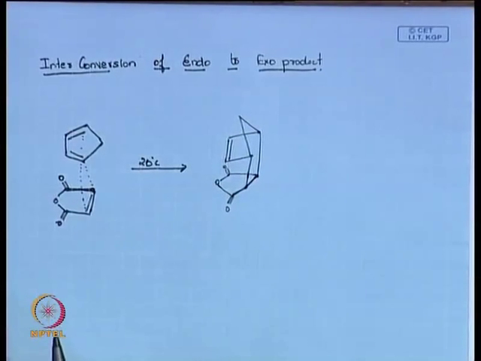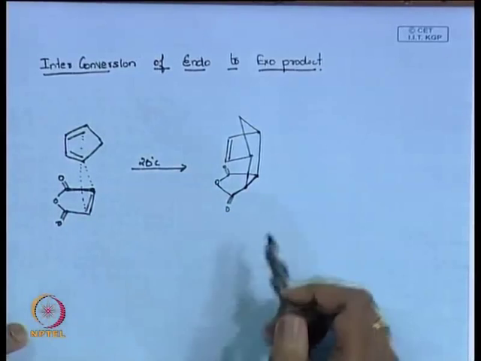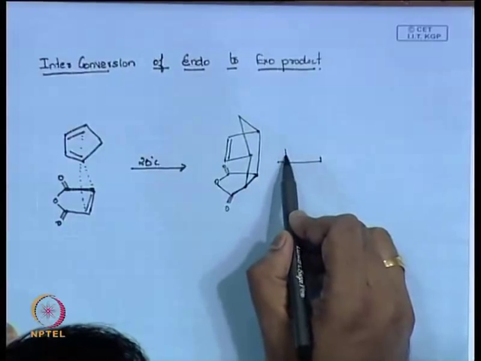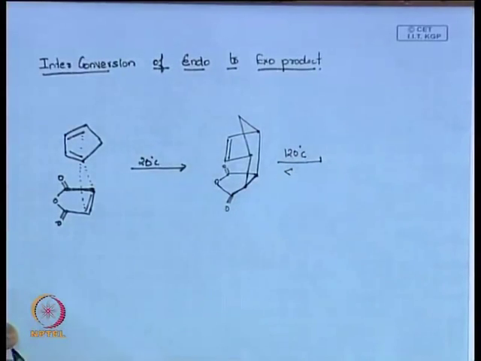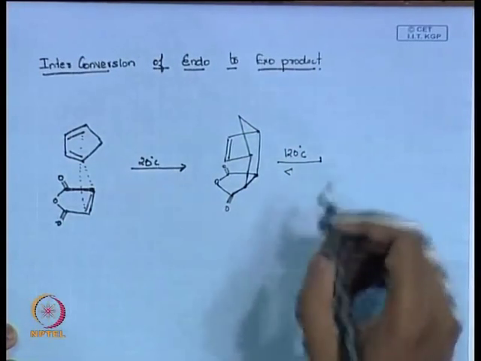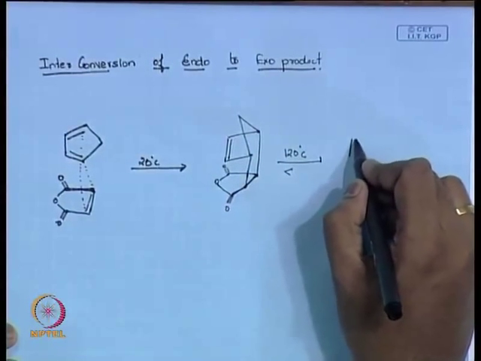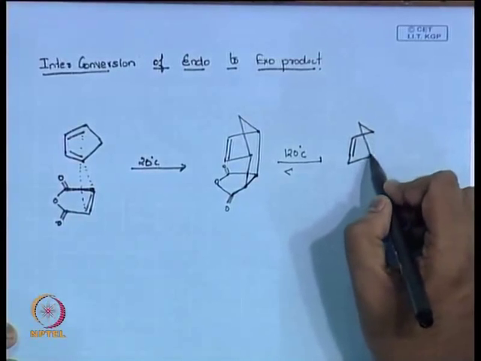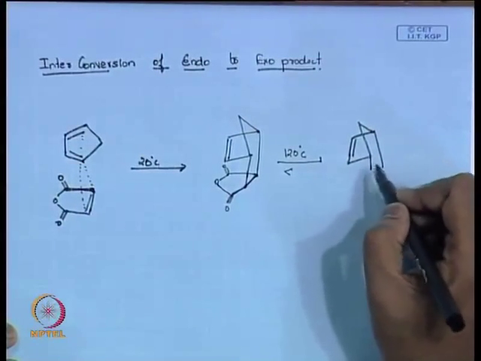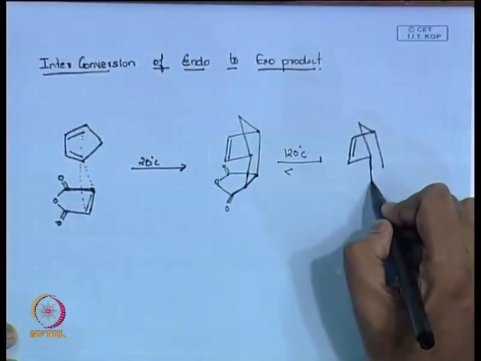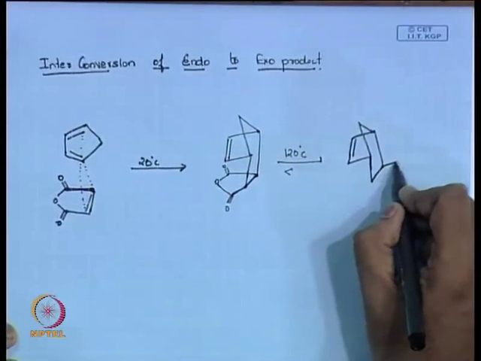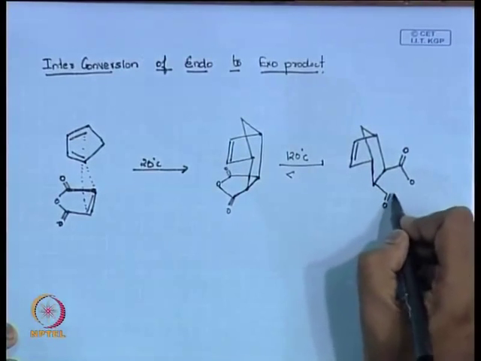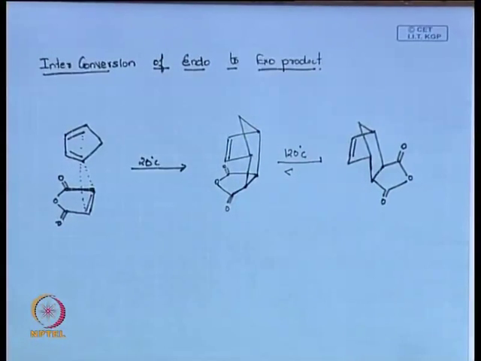Now, once you get an endo product, if you take the product and heat it to 120 degrees Celsius, the interesting fact occurs that you end up with an exo product.